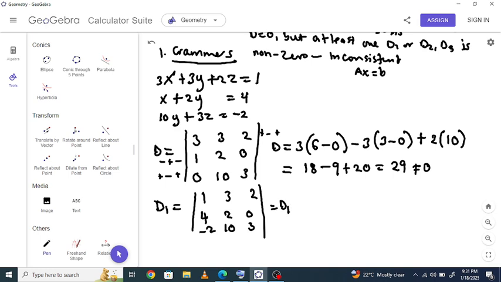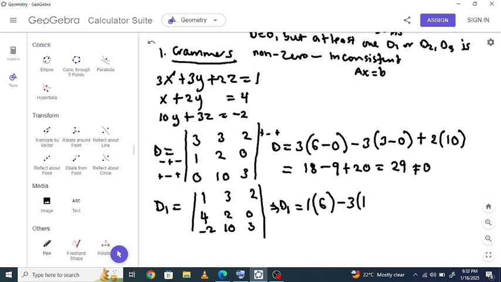So for D1, we will follow the same method as in the first. We will have 1 into, we block the first row and the first column. We will get 6 minus 0, which is just 6, minus 3 into, we block the first row and the second column.